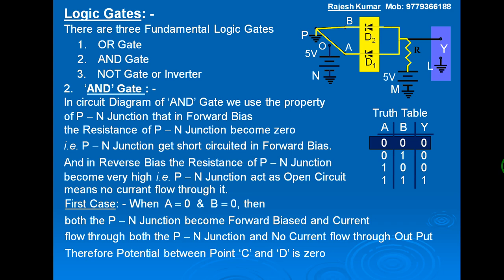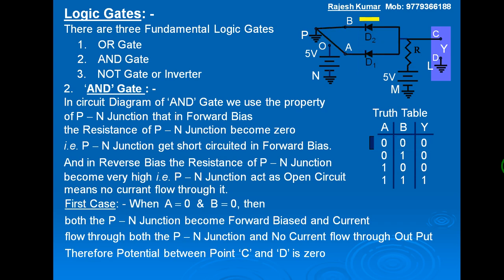Therefore, the potential difference between points C and D is 0. Therefore, output Y is equal to 0 for A equal to 0 and B equal to 0. So this is the first case.